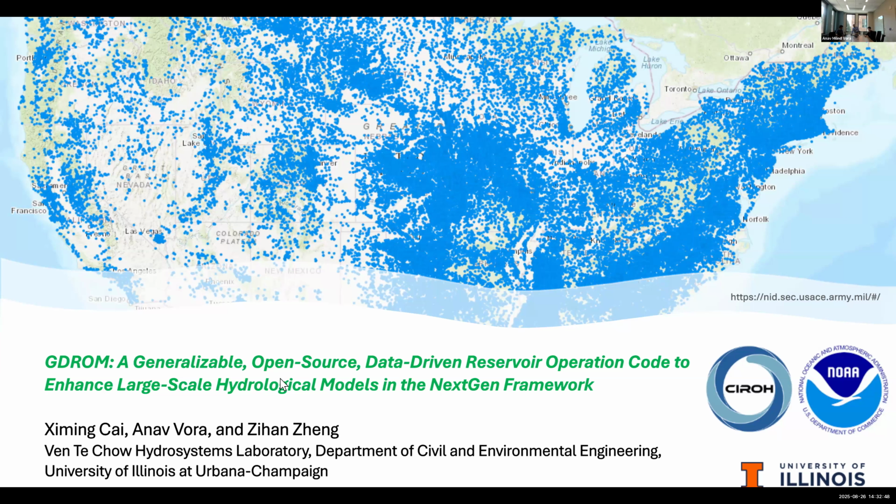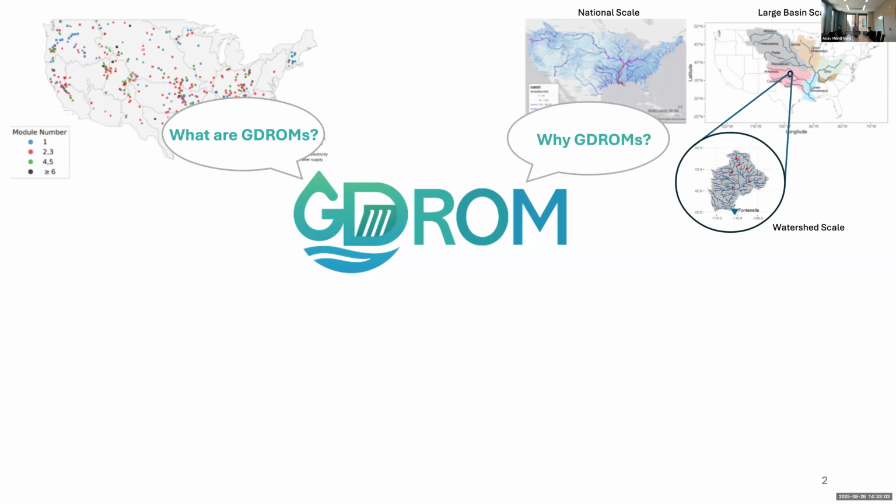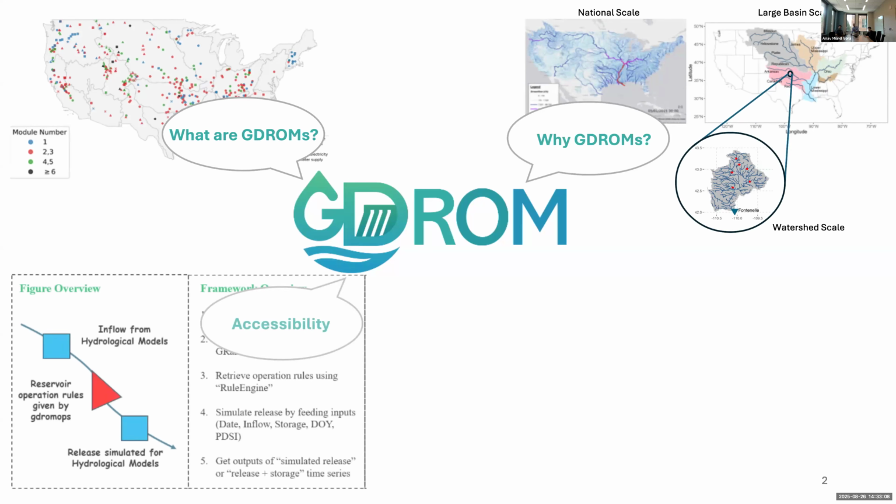So let me go to the outline in the script, please. All right, so I will first talk about what GDROM is. This is our product, and then I will argue why GDROM, and particularly how to couple GDROM with hydrological models.